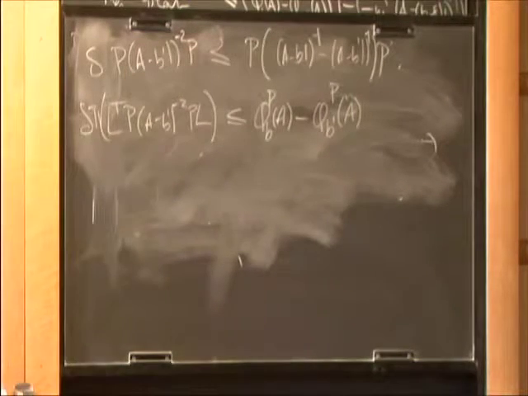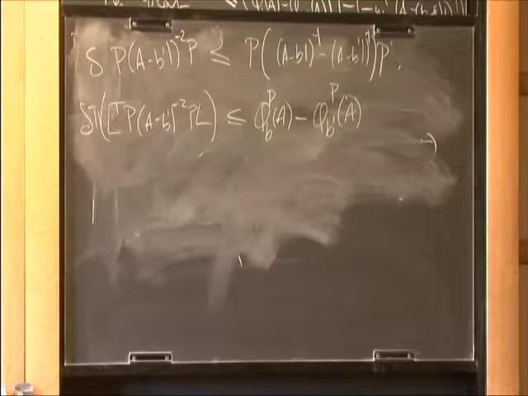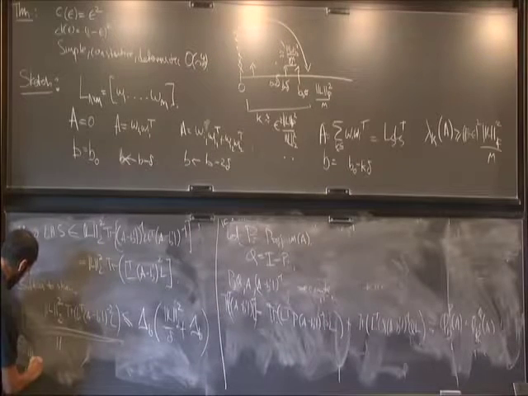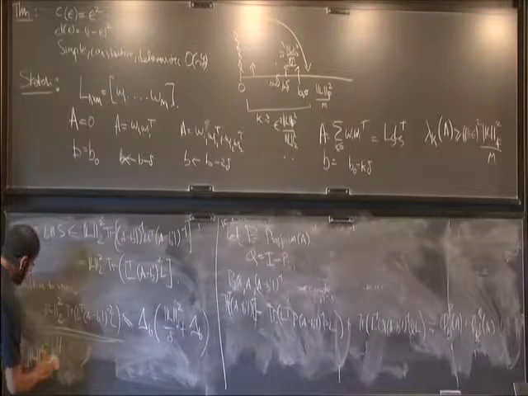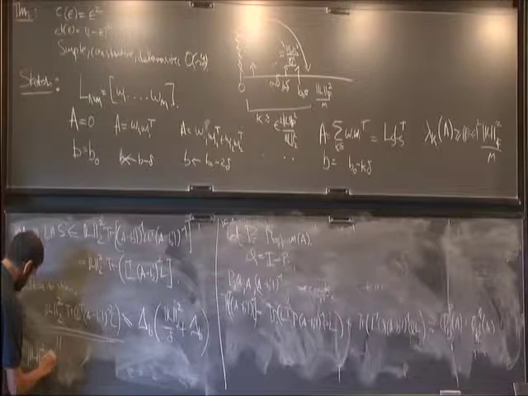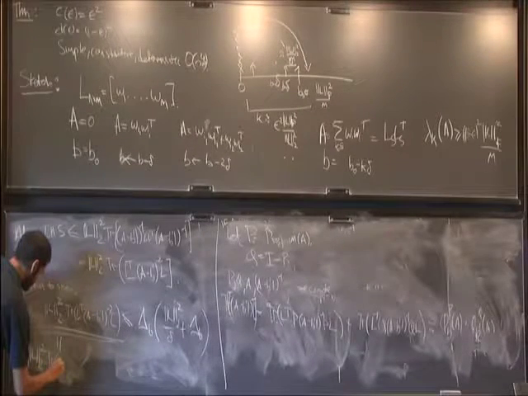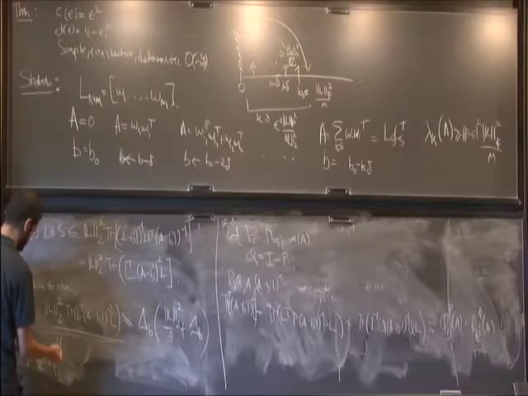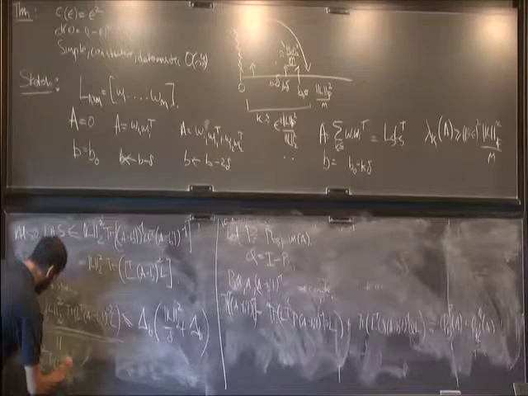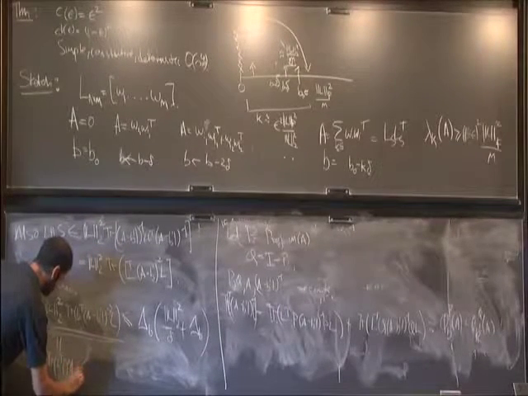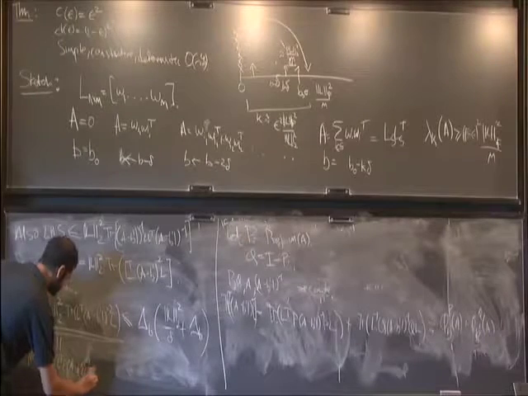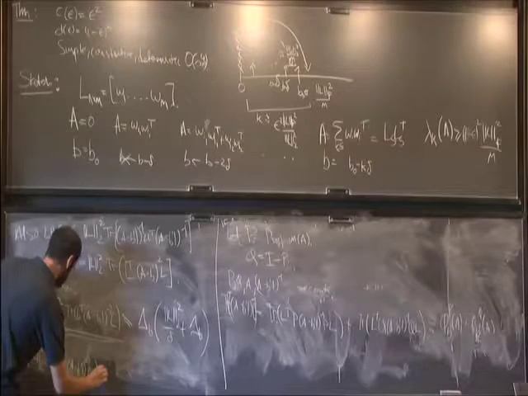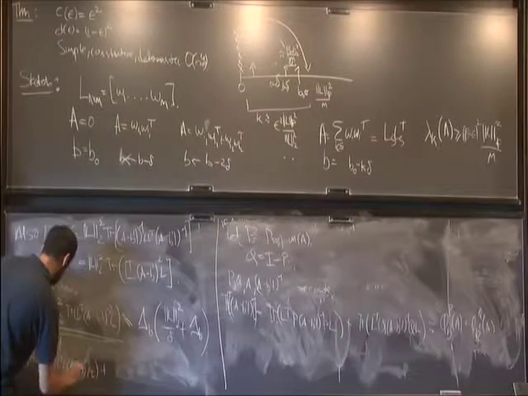Now, the term that we're really interested in is this, right? And this, just like everything else, I can break into a P part and a Q part. Well, fine, I guess I might as well write it. So you have a P part and a Q part.